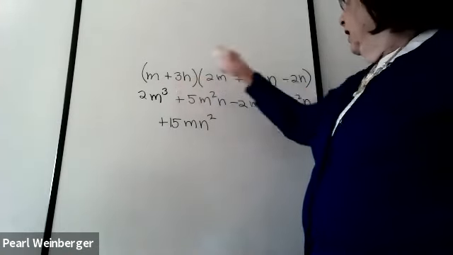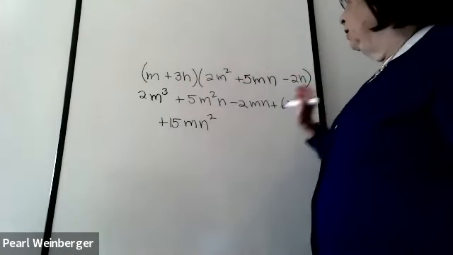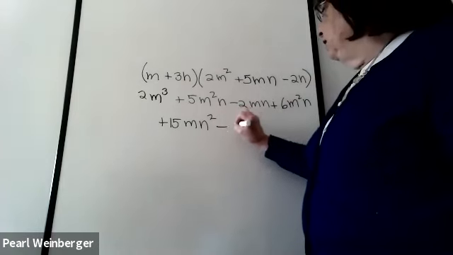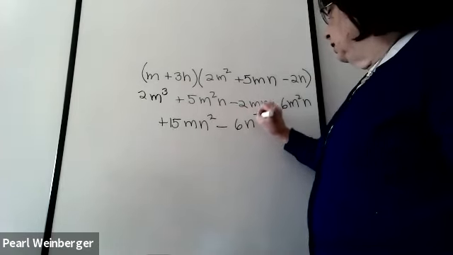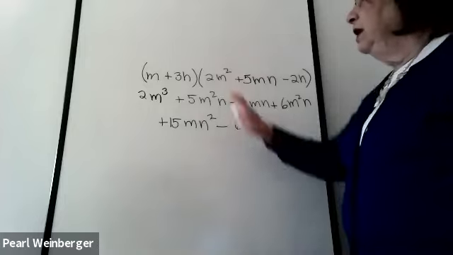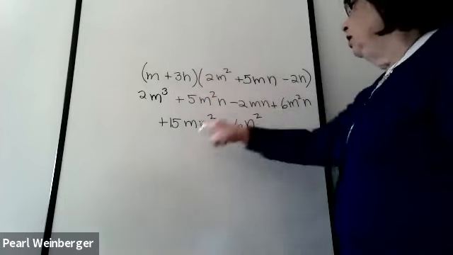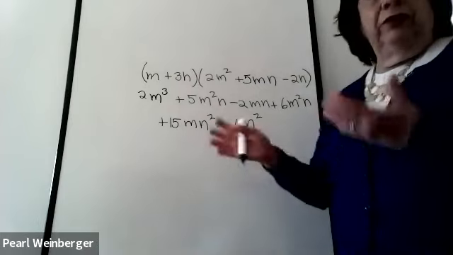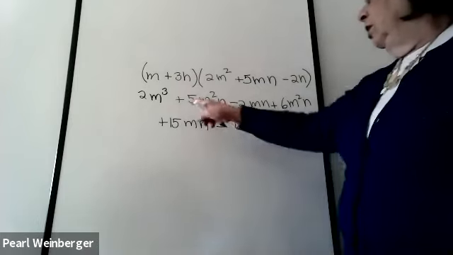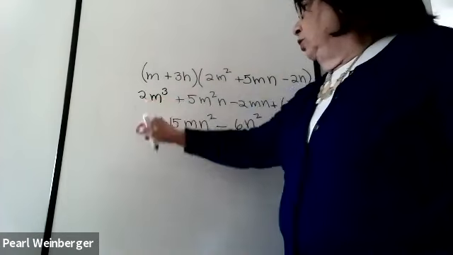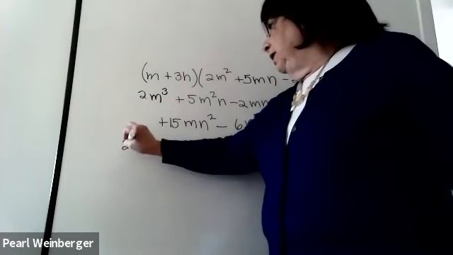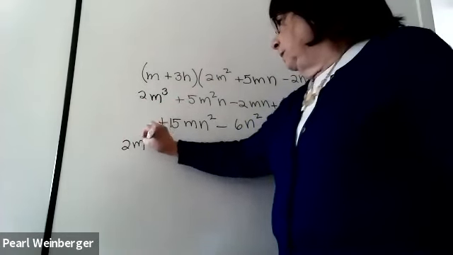Finally, I have 3n times negative 2n, which will give me negative 6n squared. Okay, I've multiplied. I have 2 times 3, I have 1, 2, 3, 4, 5, 6 things. I have to look for like terms. There's only one m cubed term, so that becomes 2m to the third.